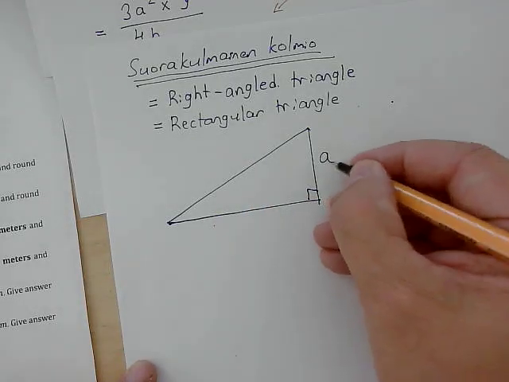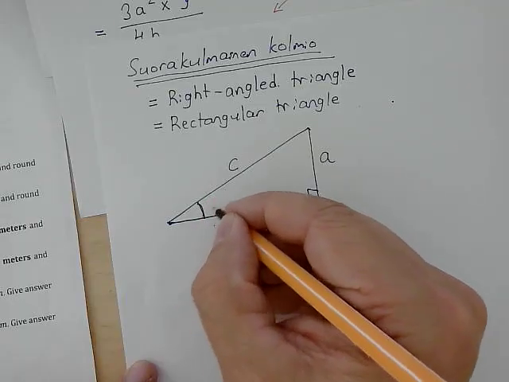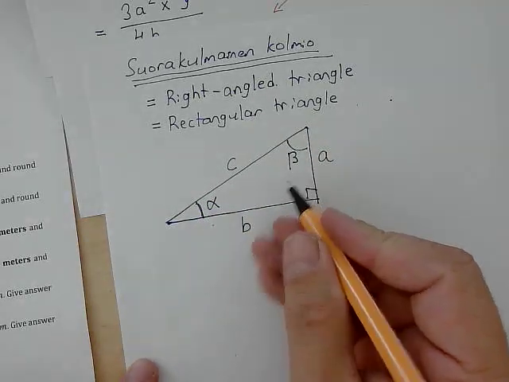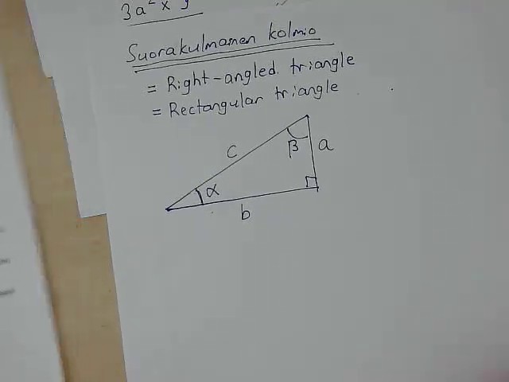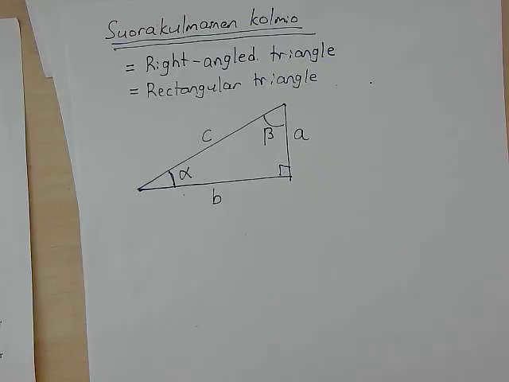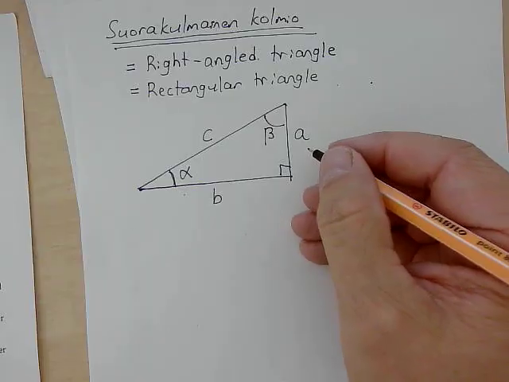Then we have A, B, C, alpha. In Finnish, alpha, beta, we say. In Finnish language, these A and B are called kateetti.